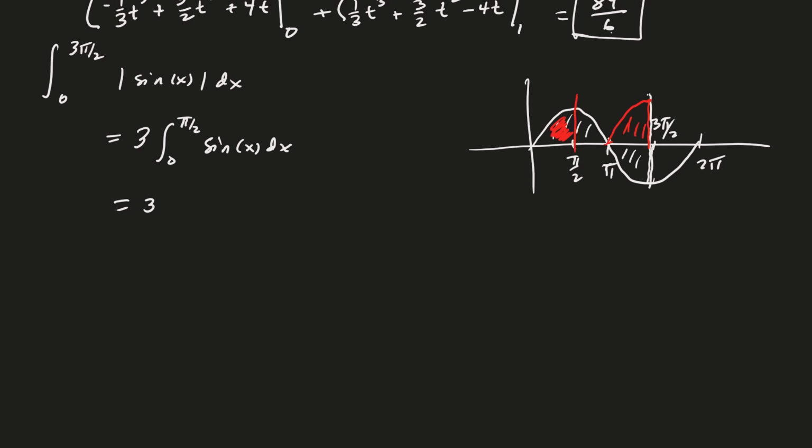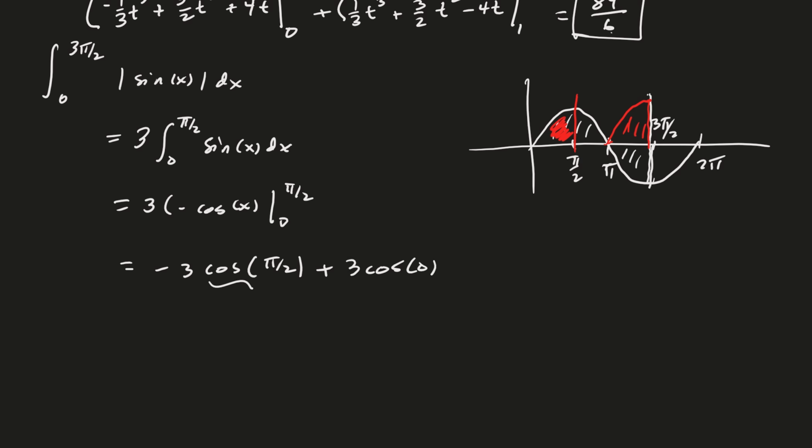Okay, so that would be 3 times, let's see, the antiderivative of sine is minus cosine, from 0 to pi over 2. So it's minus 3 cosine pi over 2 plus 3 cosine of 0.